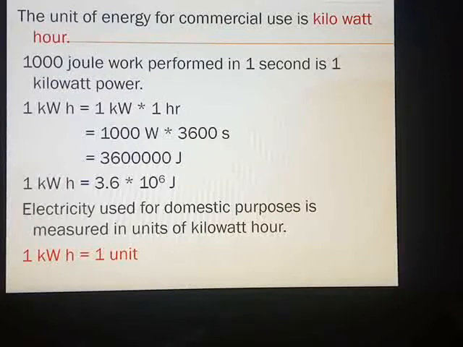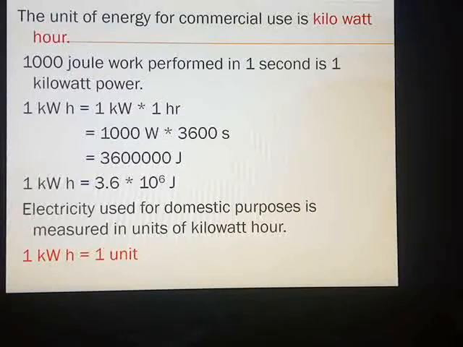Electricity which is used for domestic purposes, that is when you get the light bill of your house, the amount of electricity is measured in units of kilowatt hour, and 1 kilowatt hour is equal to 1 unit. I had told you, when you get the electricity bill in your hand, in the center of the bill, you have the number of units consumed every month.